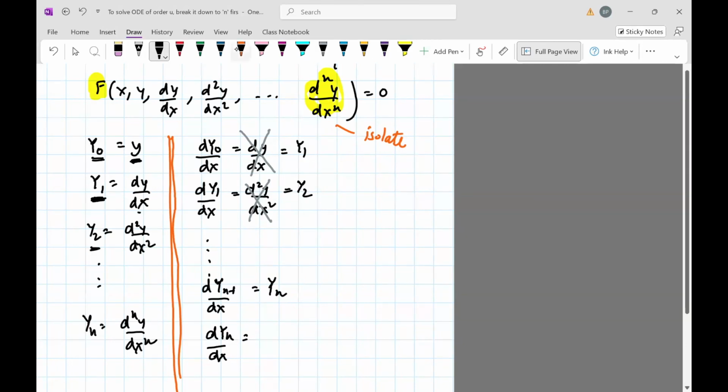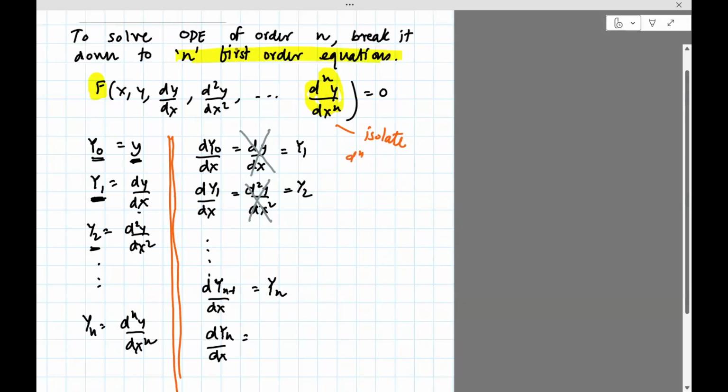So when I say isolate, I literally mean, if you could write this as d^n y dx^n equals, let's say, the lowercase f of x, y, dy dx and so on, then you'll take this equation and that will become your last equation.